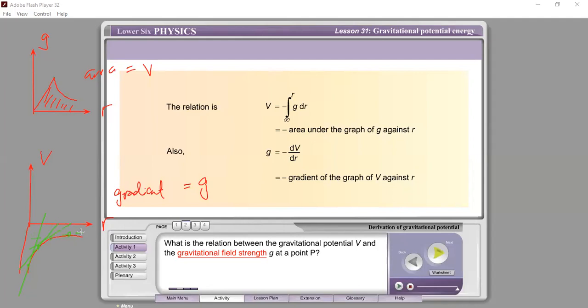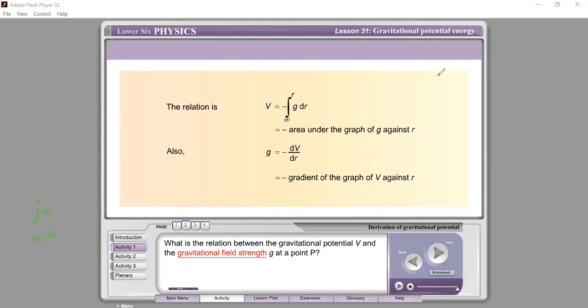So the gradient reduces when the object is far away from the surface of the Earth, which means that G will reduce. Normally this one here will be RE, at the surface of the Earth, where G is maximum.